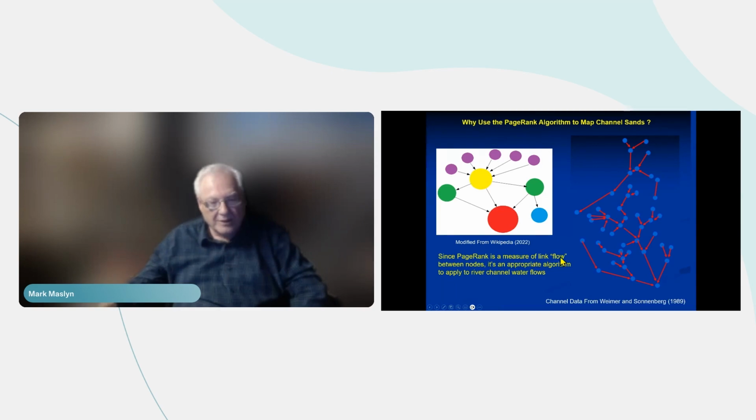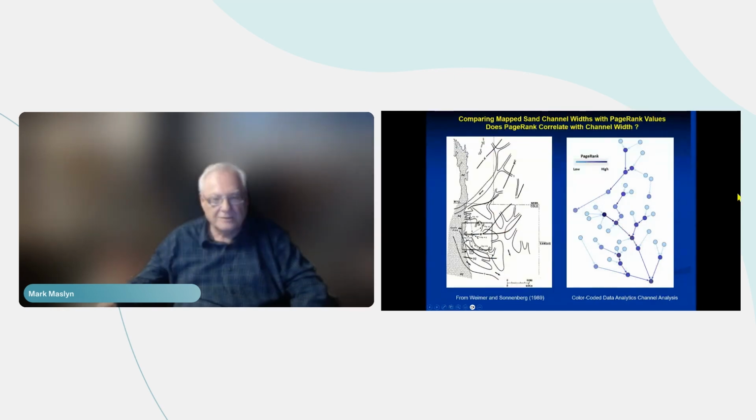And there it is right there. It's a measure of link flow, and it's an appropriate algorithm to apply to river channel flows. Okay, now this is the chance for us to go into it and say, that was a nice bit of conjecture, but does it really hold water? Well, let's compare it.